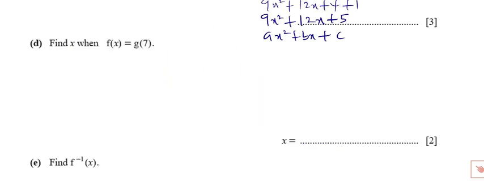The next question, we have to find x when f of x equals g of 7. Okay, what I'll do first, let me equate the two. I know my f of x to be 3x plus 2. Now we have to equate it to g of 7. So g of 7, remember what is our g of x?